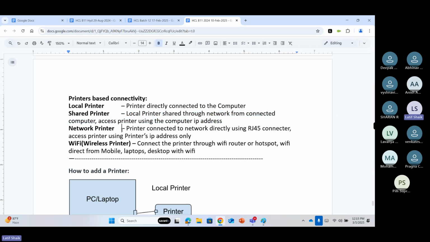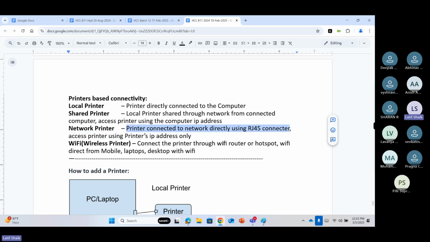The next one is the network printer. The printer is connected to the network directly. In general, like how your laptop or desktop can use wired connectivity to connect to the network using RJ45, UTP cables, the same way we can connect your printer. That printer is then called a network printer.